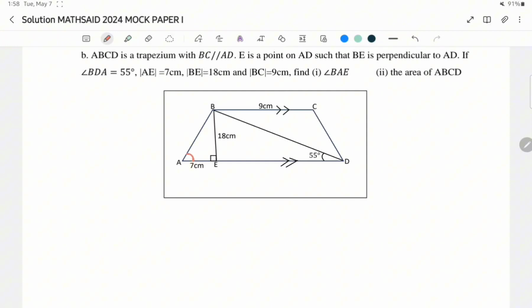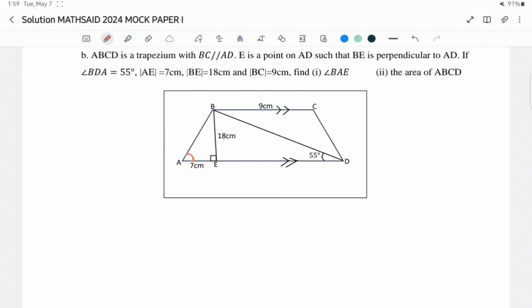This angle right here. And I believe that angle is quite easy to find because in triangle BAE we have two sides given to us. That is side AE, which is adjacent to the angle, and side BE, which is opposite to the angle. That means the trig ratio we are going to use is tan.